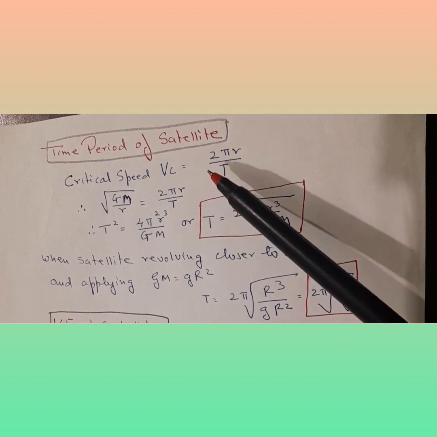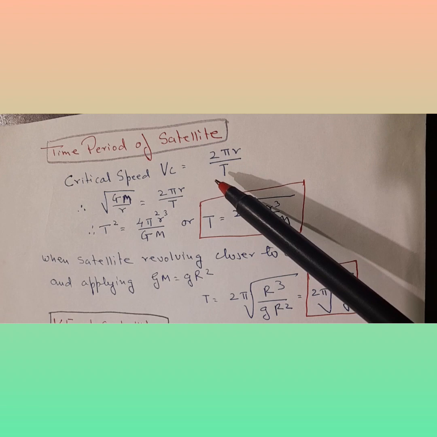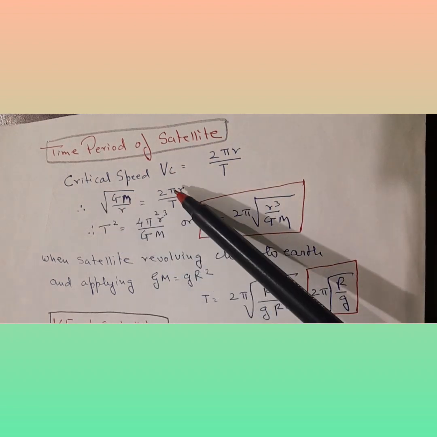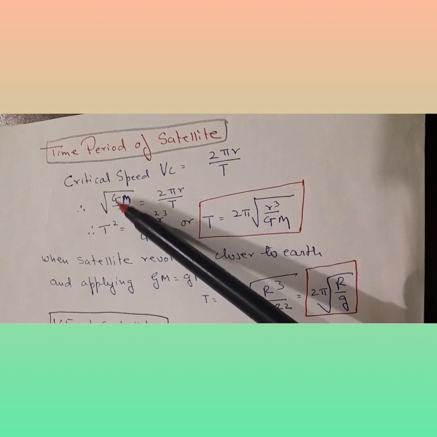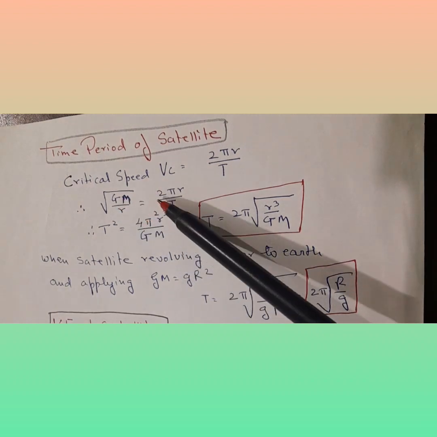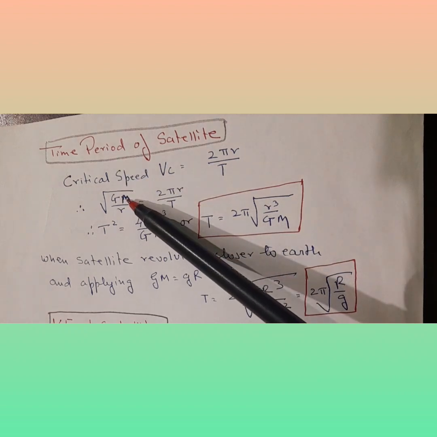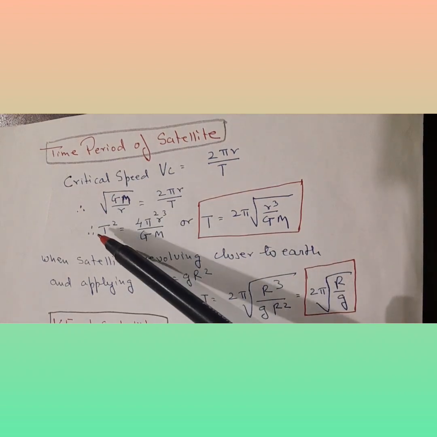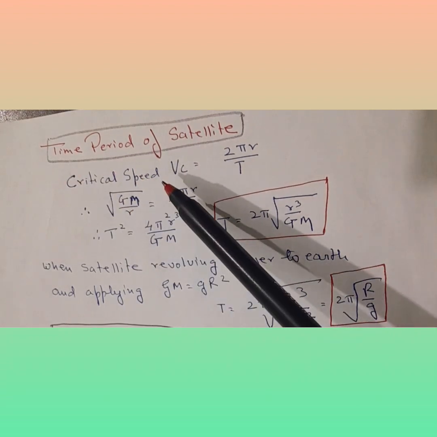So circumference is 2 pi r and time period is capital T. So we can equate both the formulae, where root GM upon r is equal to 2 pi r upon T. Obviously this M is the mass of Earth.